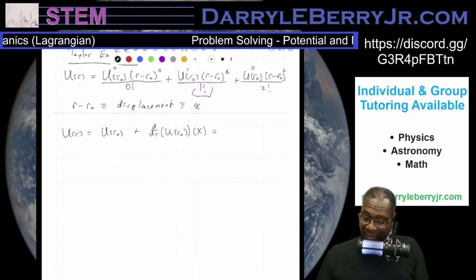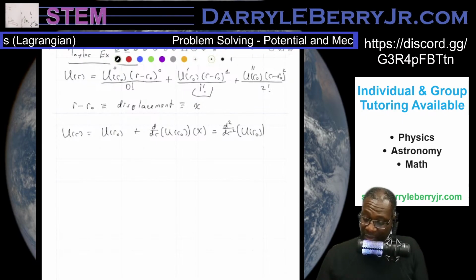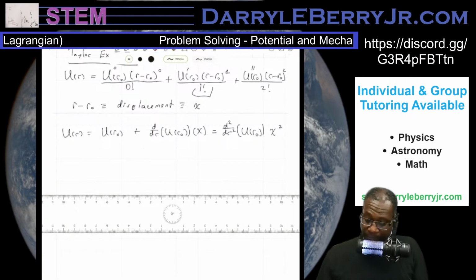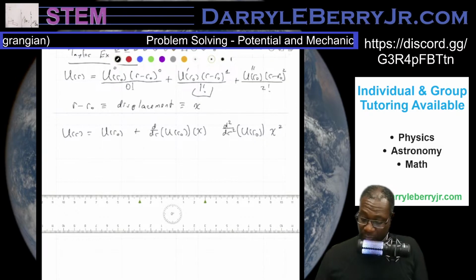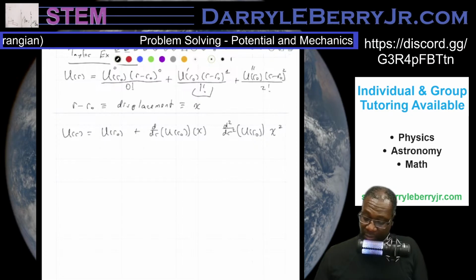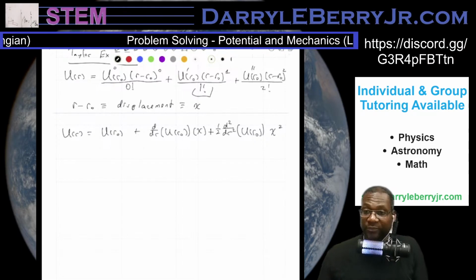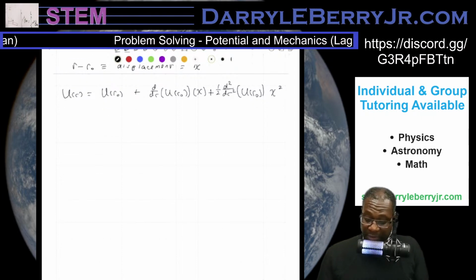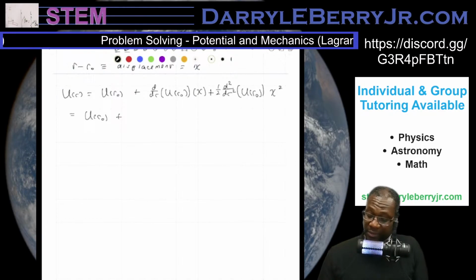Then I have the second derivative of U at r naught, times x squared, and it should be a plus. The 2 factorial is 2, so that's 1/2. So this means I have U of r naught plus.